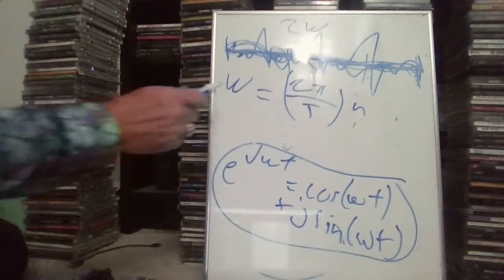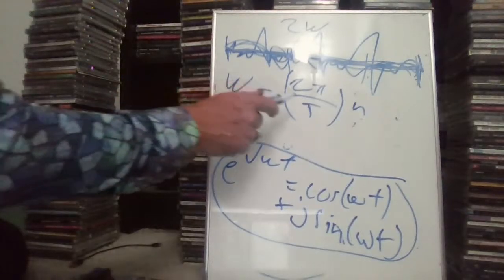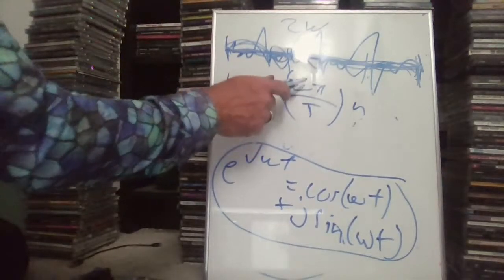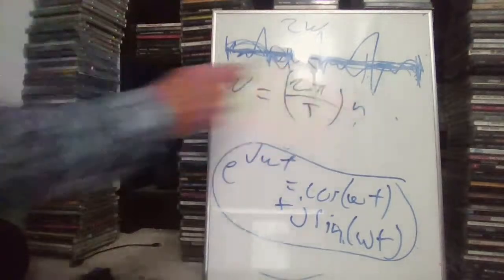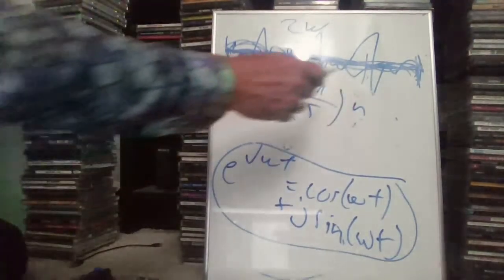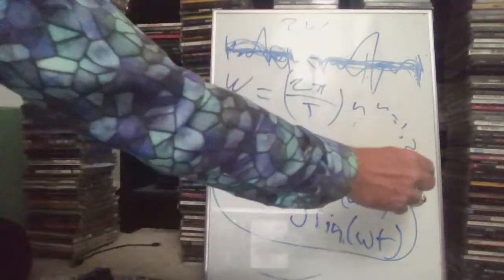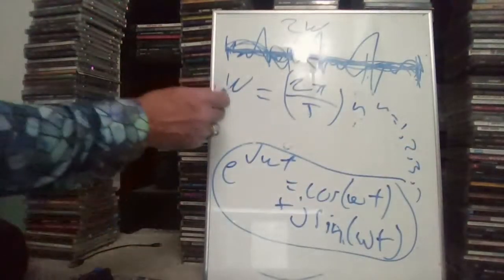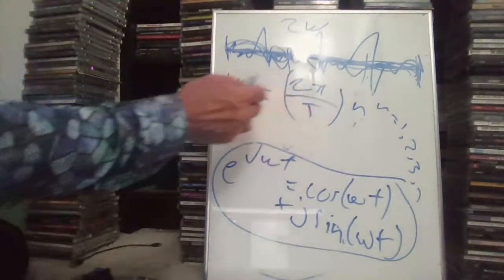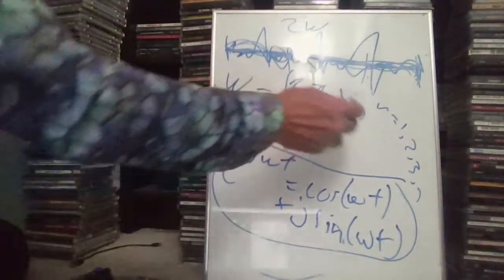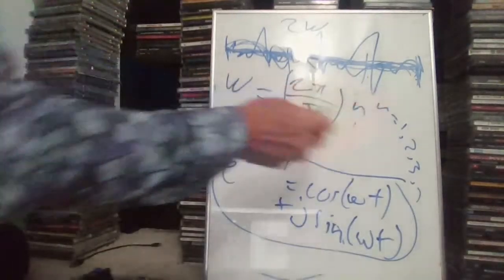The frequency is the fundamental frequency, which is 2 pi over the fundamental period, times any number n, where n equals 1, 2, 3, and so on. So the frequency is 2 pi over T, 2 pi over T times 2, times 3, times 4, and so forth.